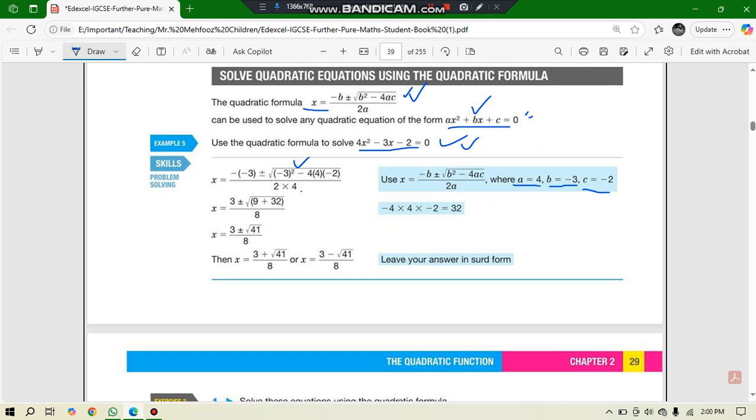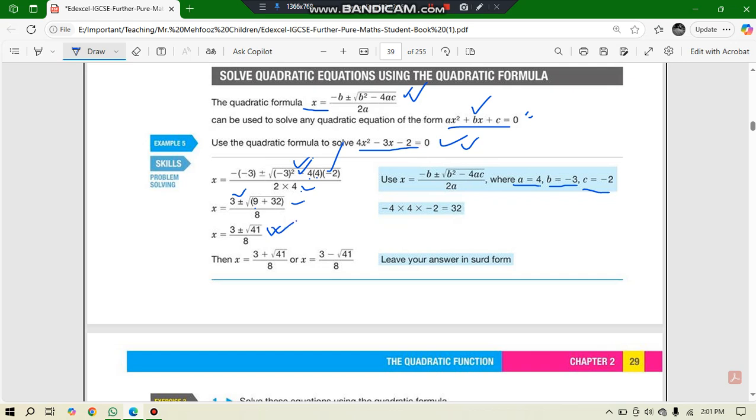Minus times minus 3 will be positive 3, minus 3 square will be 9, and 4 multiplied by 4 is 16, 16 multiplied by 2 is 32, and this negative sign is multiplied by this negative sign, so it becomes positive 32, right? Over 8 as it is. After that 9 plus 32 is 41. So this is your solution.